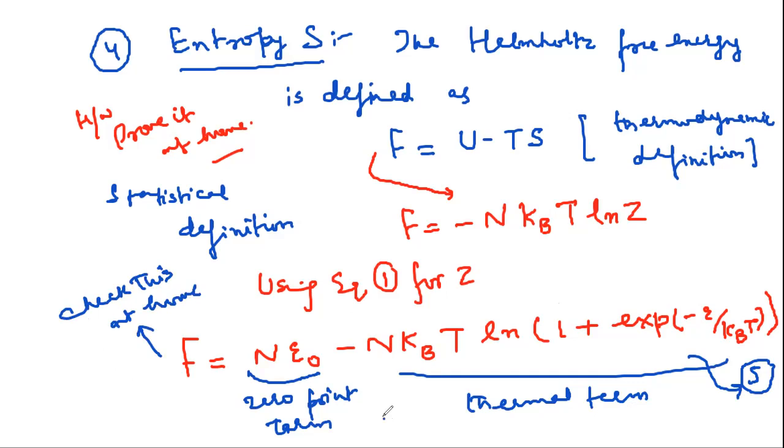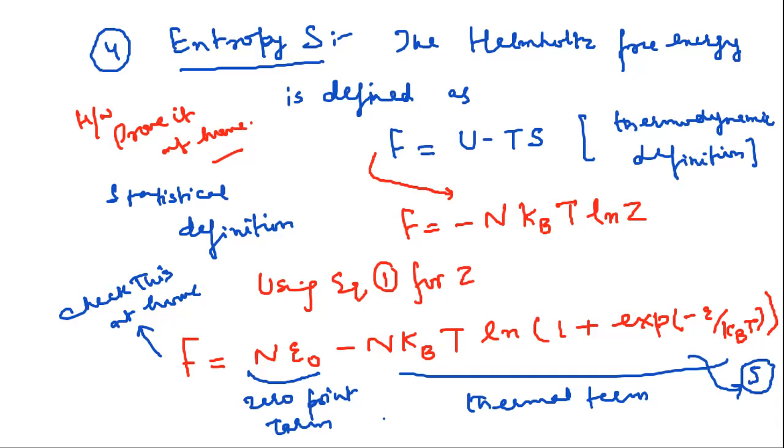Now, we are actually interested in entropy. So we are taking this route to find entropy. Entropy is obtained by one differentiation of this free energy with temperature.